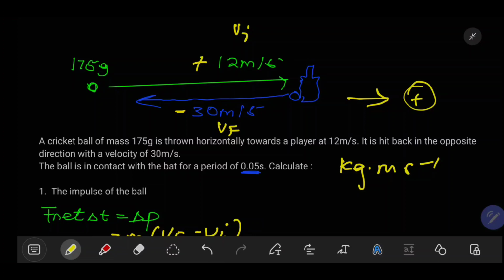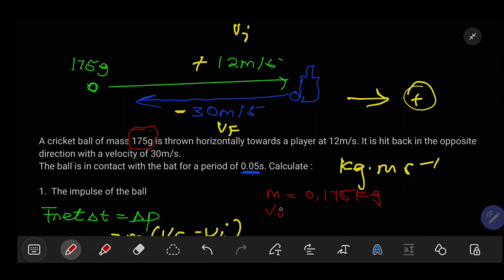Okay, but we are given our mass in grams. So to convert that to kg, we just have to divide this by 1000, and then we get our mass in kg, I'm sorry, it's 0.175 kg.